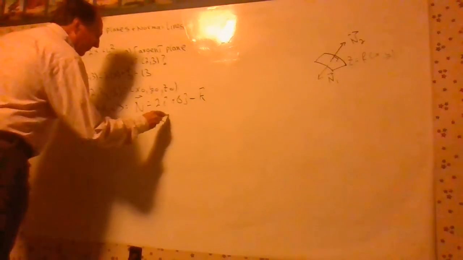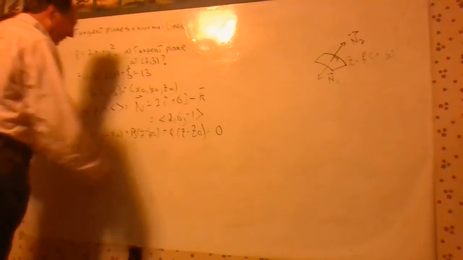The y derivative is 2y, plug in 3, plus 6j, minus k. And of course, we can rewrite that as 2, 6, minus 1 if you want it in that format.